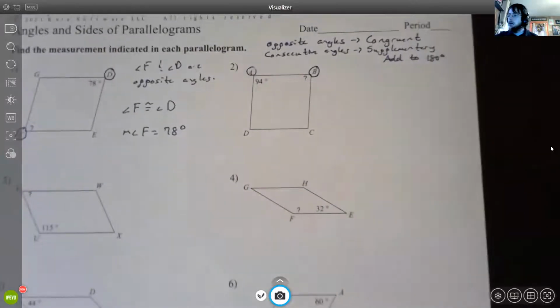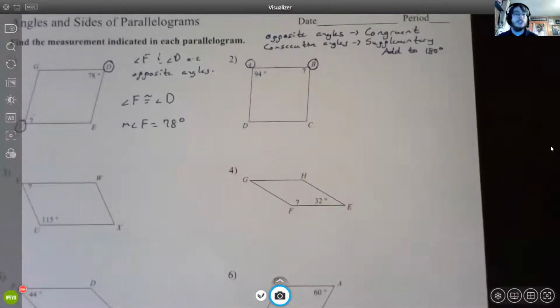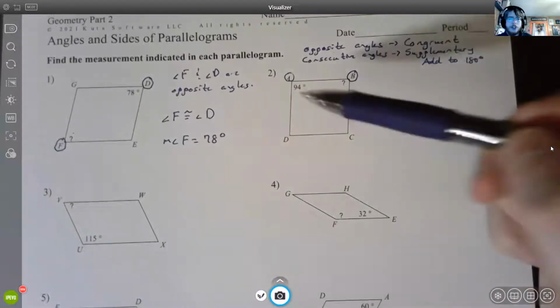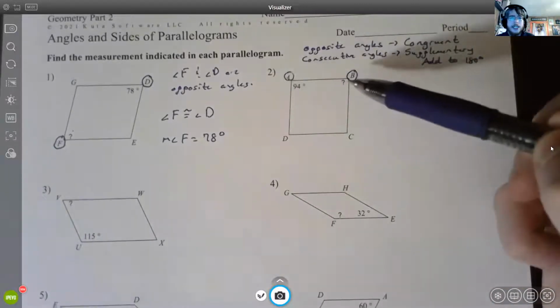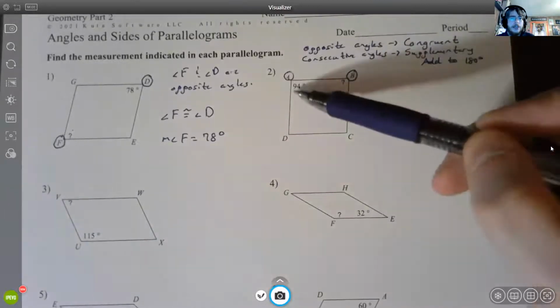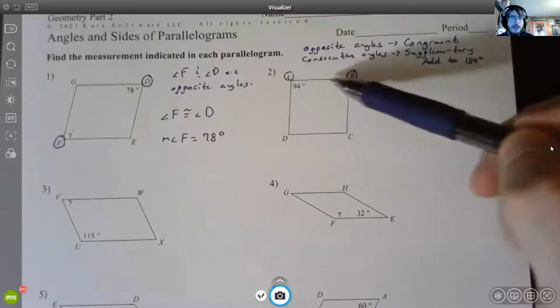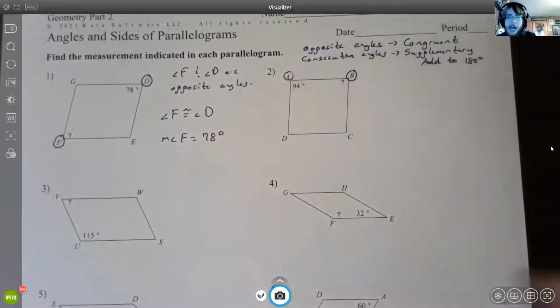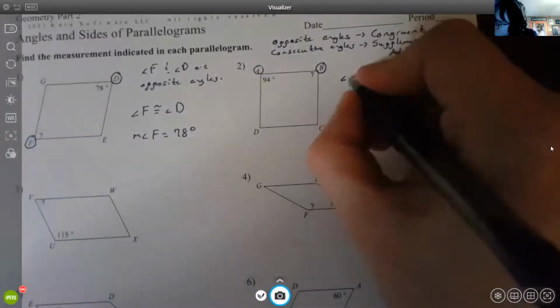And the first thing I ask myself is if they're consecutive, because if they're not consecutive, they have to be the opposite. So are angles A and B connected by a side already? And if you look here, we can see that A and B are connected by that side of the parallelogram. So angles A and B are consecutive.